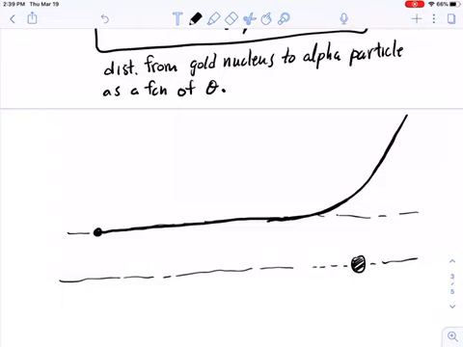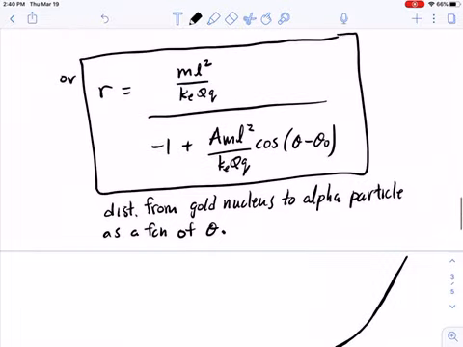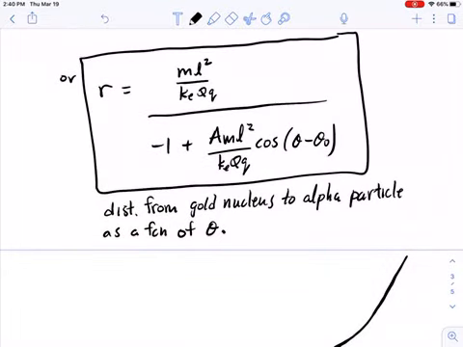Okay, and then let's say our alpha particle right now is not so far away, but it's coming in, and at some instant, this is the distance between the two particles, and here is theta. So one thing I'd like to think about is, when is r as small as it can possibly be? So we want to think about when r here is a minimum.